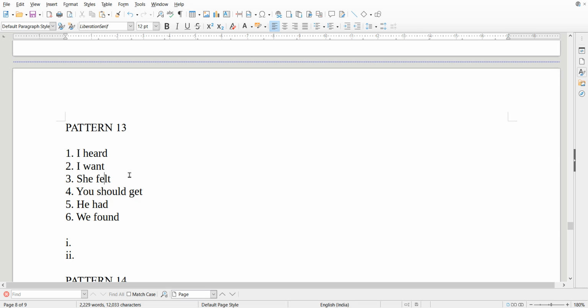Subject plus verb plus noun or pronoun plus past participle. That's the pattern they've given. I'll write it for your convenience. Subject plus verb plus noun or pronoun. It can be a noun phrase or noun clause as well. And a past participle.